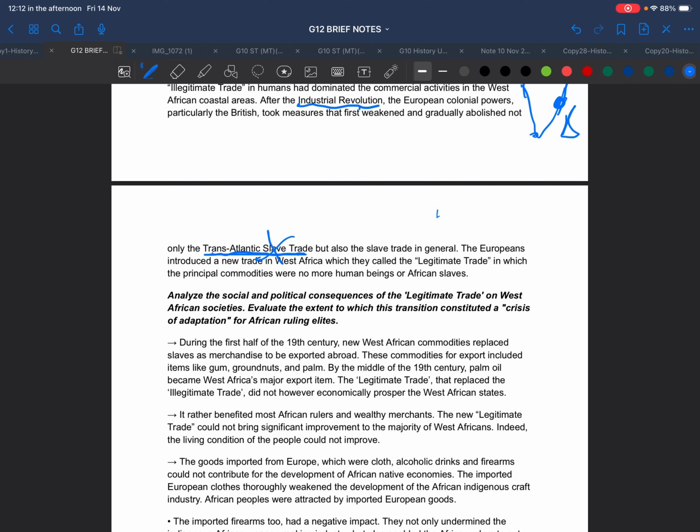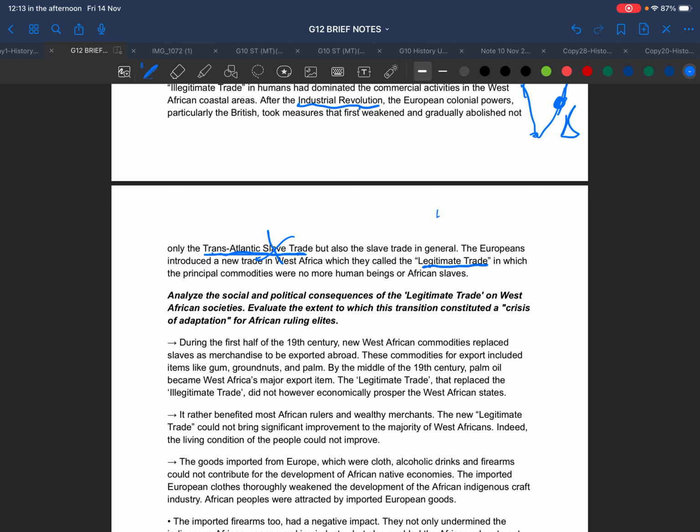The Europeans introduced a new trade in West Africa, which they called the legitimate trade. Actually, we can call it fake, deceiving trade. In words, legitimate trade meant that Africans could sell their products to Europeans fairly, with agreements.